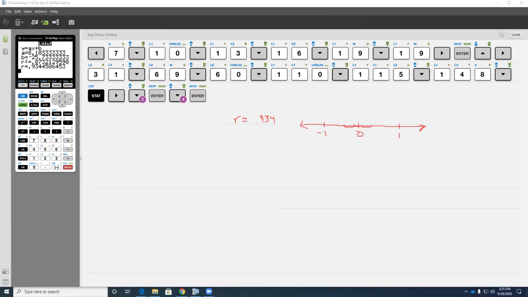But we have an R value that's 0.93, so it's going to be almost up here, which means it has a very strong positive correlation, which means our line of best fit is a very accurate model. And the line of best fit, according to the calculator, is the line Y equals AX plus B, and A is equal to 8.18.